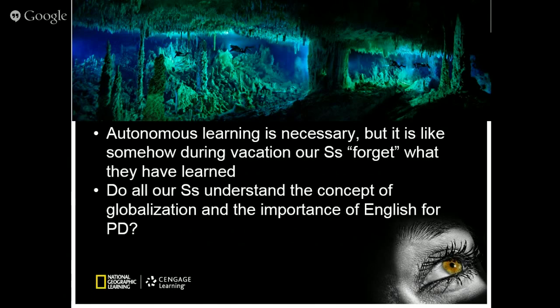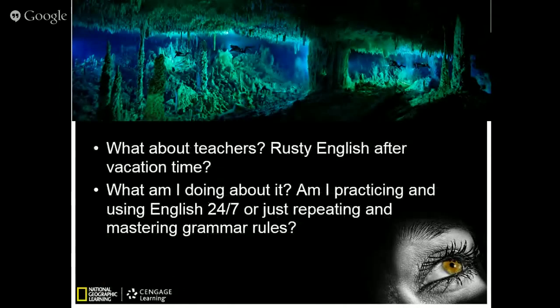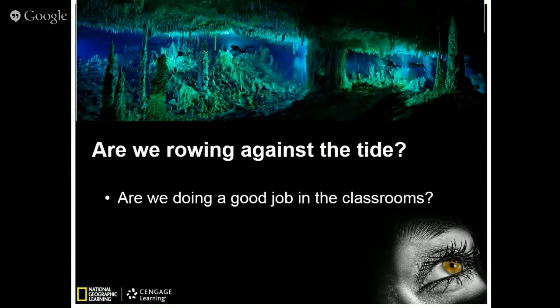Autonomous learning for my students is not an option. Globalization and professional development with English is not an option for my students. My English level is not that good every single day, and I am not training myself for becoming a better English teacher. Maybe I am not doing a good job in the classroom.